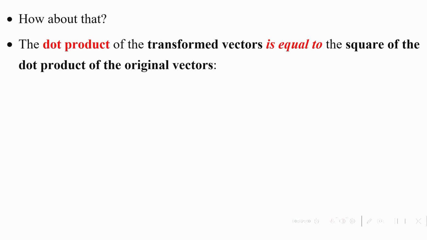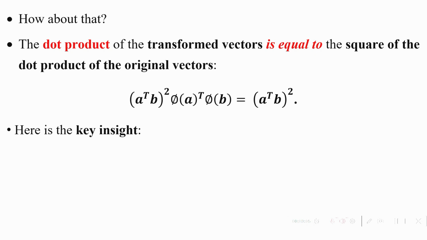So the dot product of the transformed vectors is equal to the square of the dot product of the original vectors. That is, phi of a transpose phi of b equals a transpose b whole square.